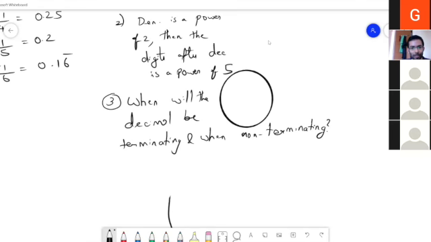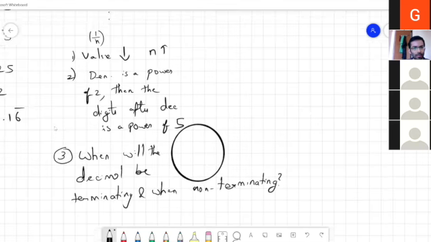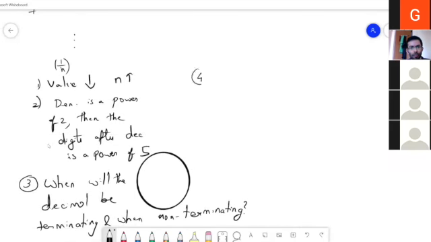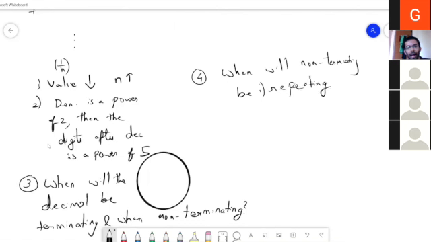So when will the decimal be terminating and non-terminating? Fourth is, when will non-terminating be repeating, and when will it be non-repeating?